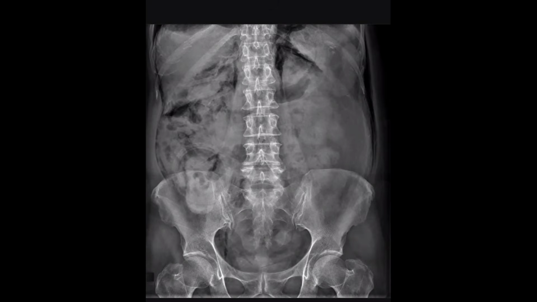Very nice. Only the first part of the duodenum is intraperitoneal. The rest of the duodenum is also retroperitoneal. So it can be the second and third parts of the duodenum, ascending and descending colon.